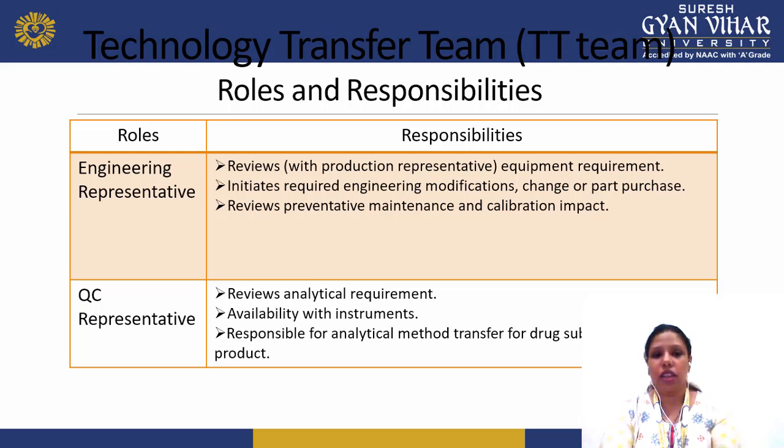Like if there is a need to purchase some equipment, or a need to modify any engineering process, the engineering representative is responsible for this. Other than that, the engineering representative is also responsible for review, preventive maintenance, and calibration equipment impact.